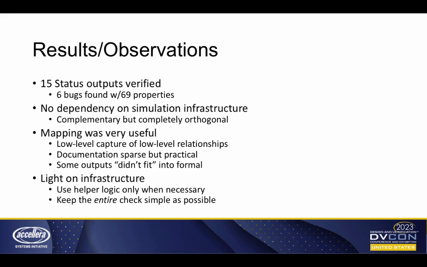The documentation that I captured was, I think, sparse but very practical, and it fit the purpose. And again, working through checker strategies was good for recognizing that some software status that I wanted to verify with formal just wasn't appropriate. So it gave me a chance to recognize that and cross that off the list of possibilities.